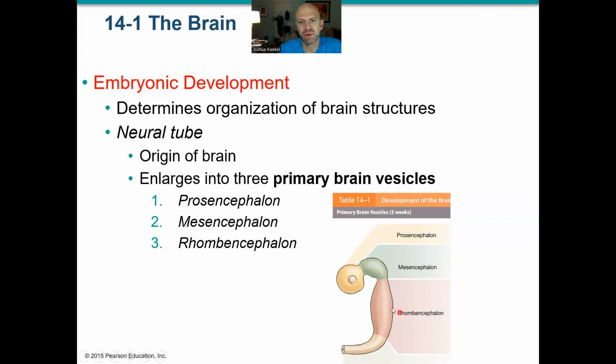So pros, mes, and rhomb. That is the earliest developmental stage at 3 weeks of gestation. It's the earliest formation of neural tissue. At 3 weeks of gestation, there are these lumps that are differentiated microscopically. They form the neural tube.